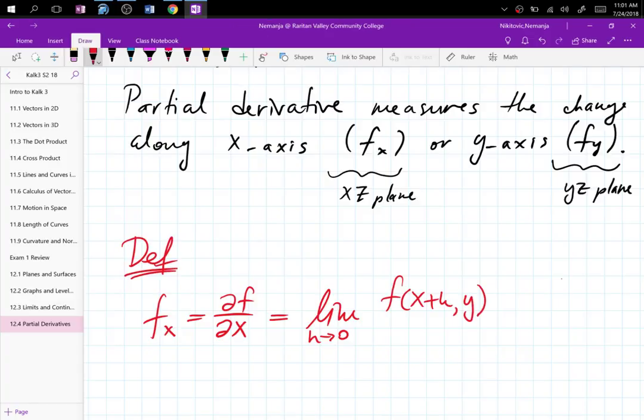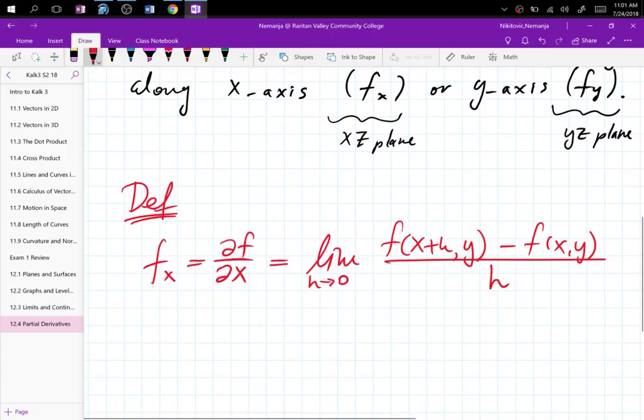Because your input is two-dimensional, but we only are worrying about the change in x because we are looking for the derivative in respect to x, minus f of x y divided by h. So as you can see, if you are to erase all of the y's for this definition, it will be identical to the calculus 1.